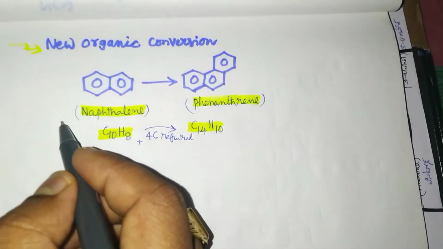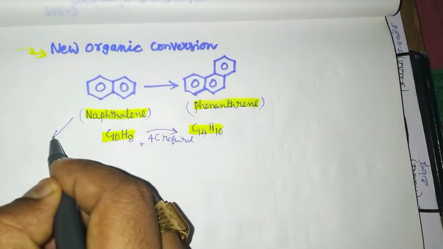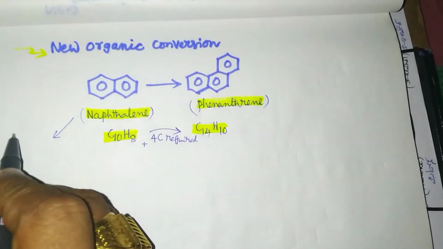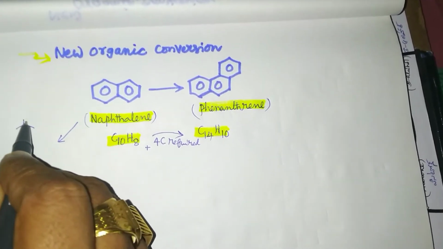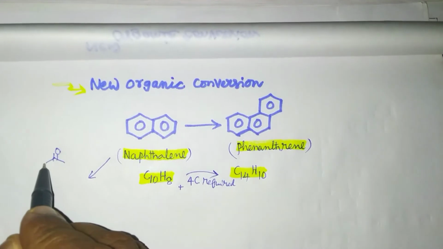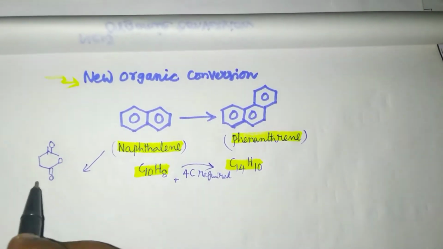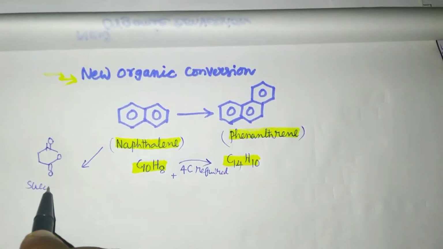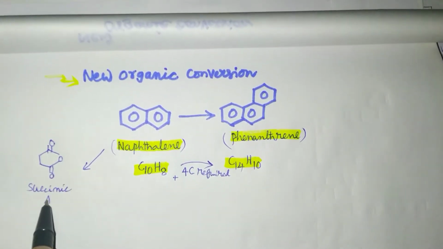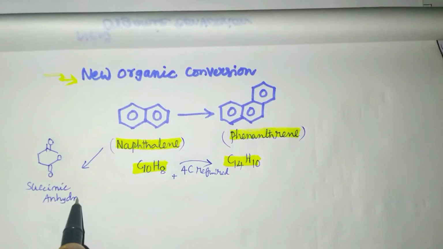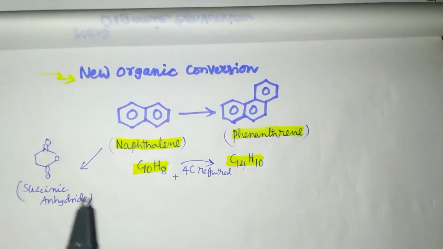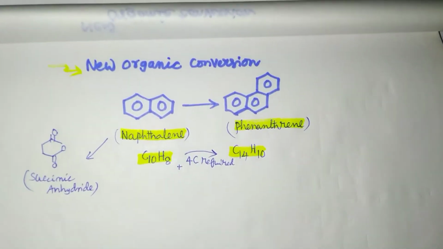So first of all, the naphthalene reacts with succinic anhydride. This is called succinic anhydride. This is the anhydride of succinic acid.